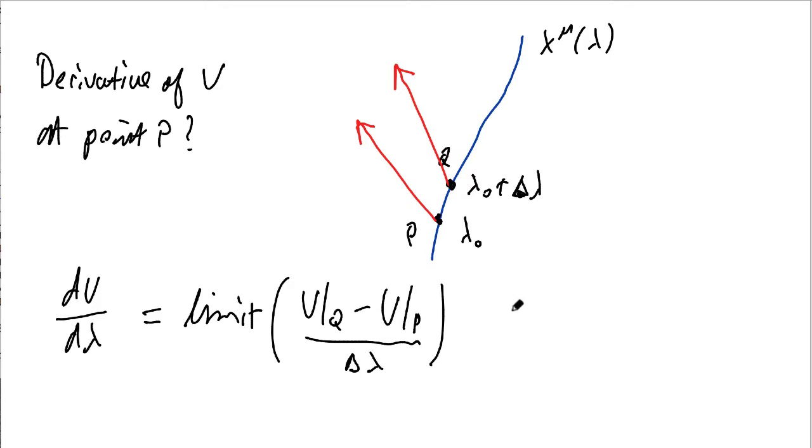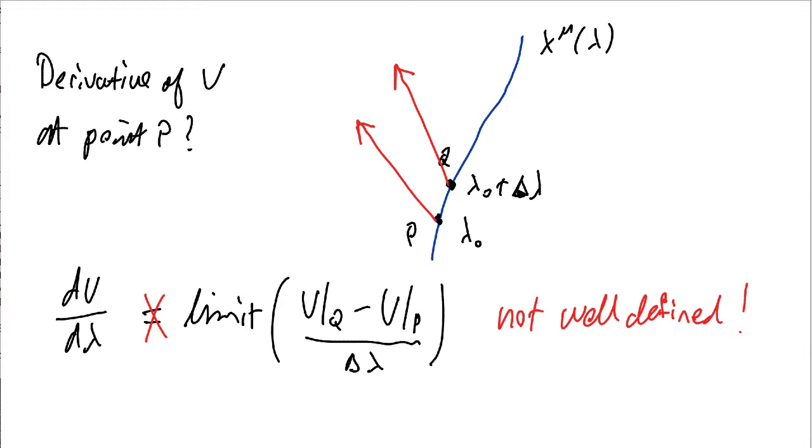This definition is wrong. In fact, it's not well defined. It's not well defined because we actually don't know how to subtract a vector that sits at one point P from a vector that sits at another point Q.